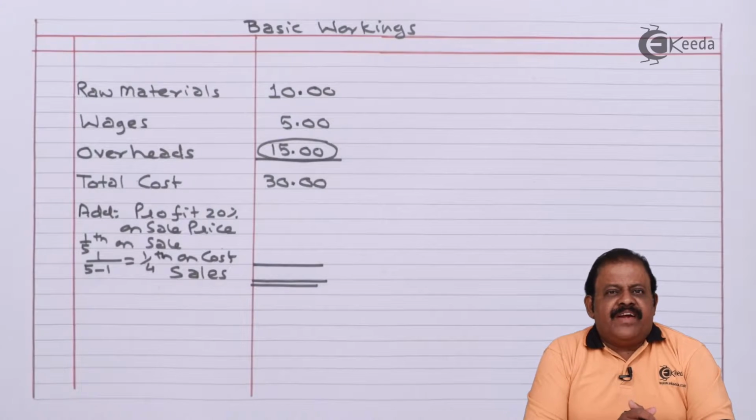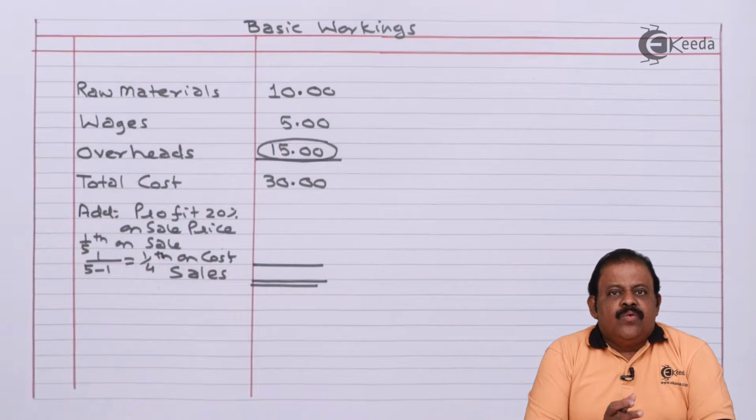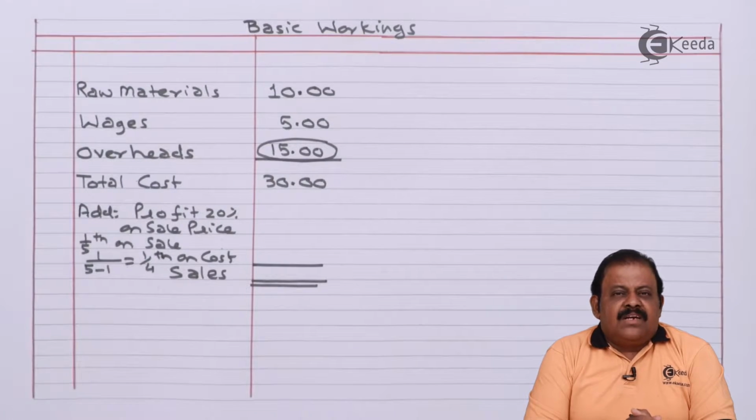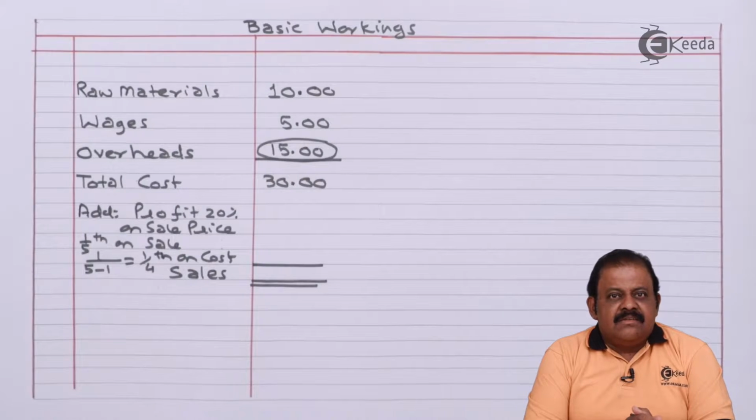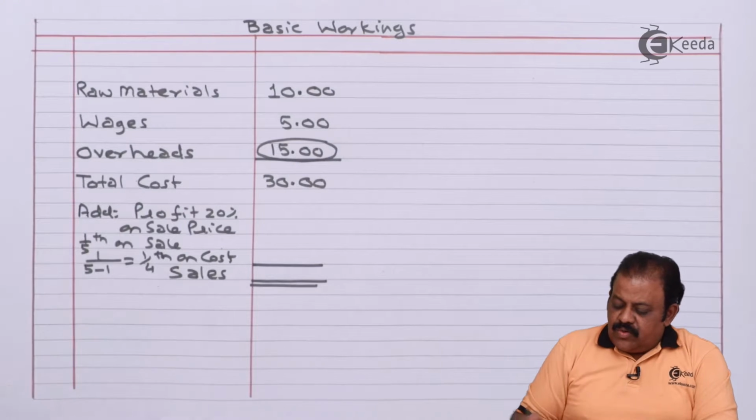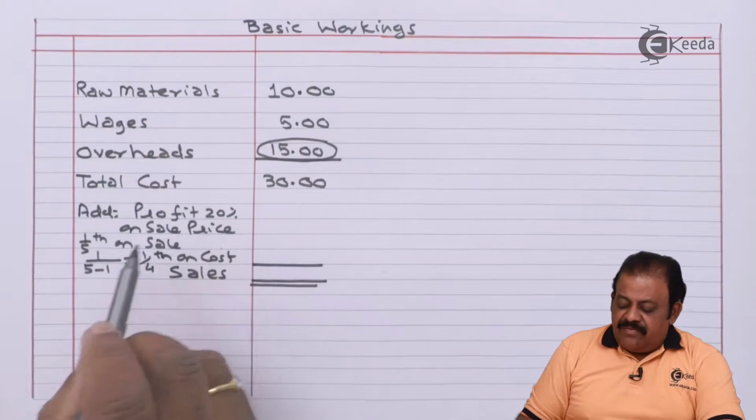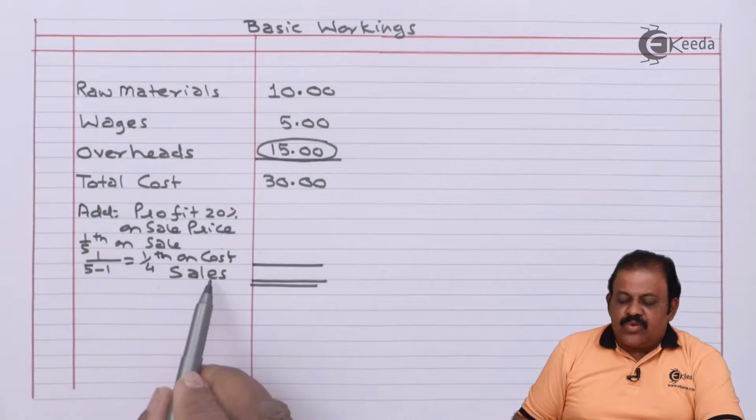If we have profit rate on sale price, we can deduct 1 from the denominator to arrive at the rate of profit on cost. That means 1/5 on sales is 1/4 on cost, 1/4 on sales is 1/3 on cost, 1/3 on sales is half on cost. So here 20% means 1/5 on sales, that is 1/4 on cost.